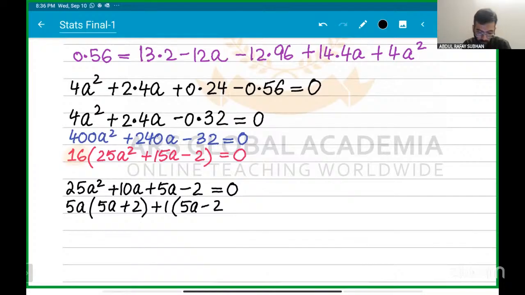Now it doesn't work out, we need a different number. What else can make 50? 16 twos are 32. Have you done it correct? 16 times of 25.